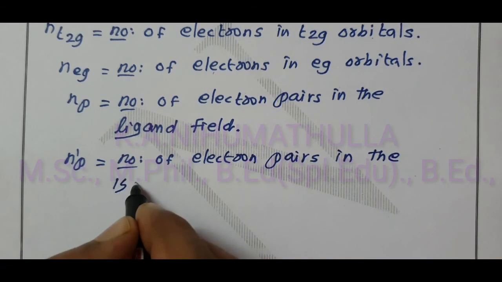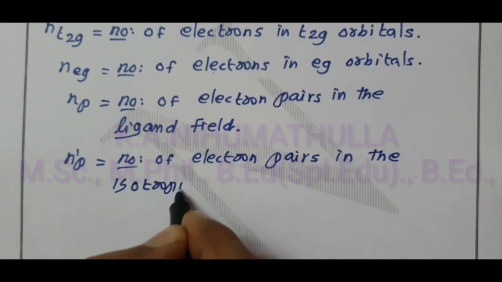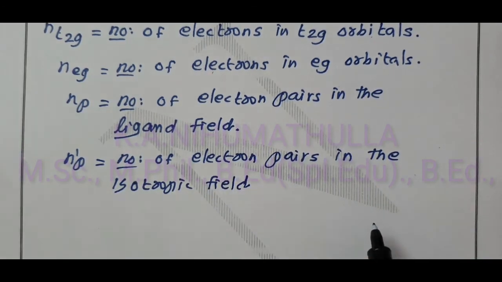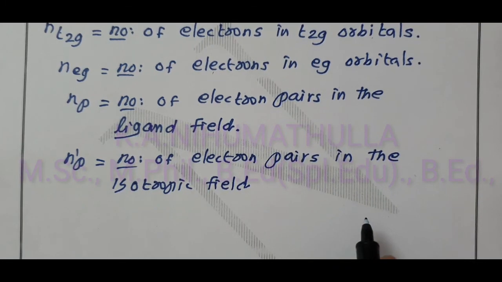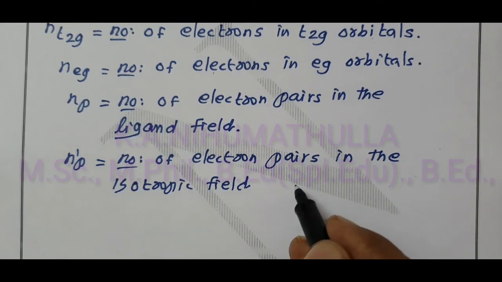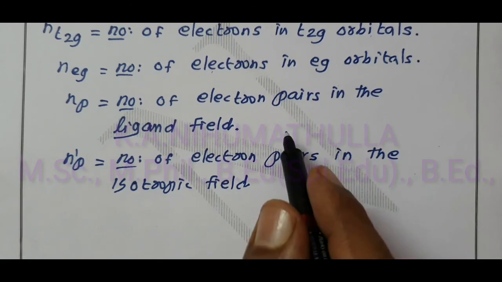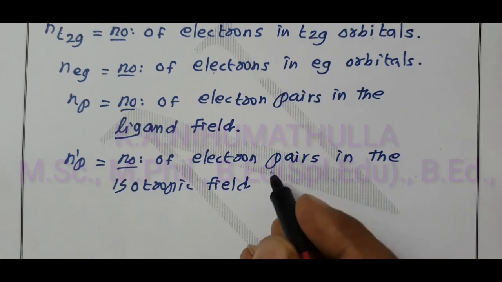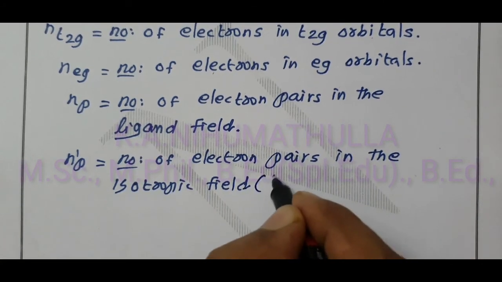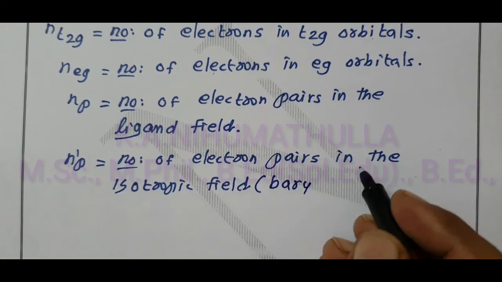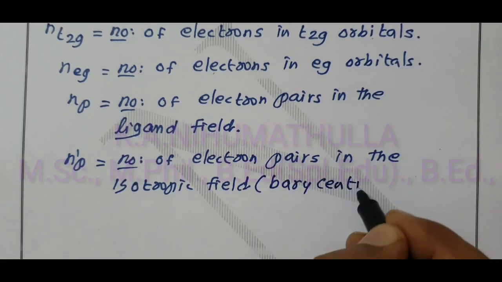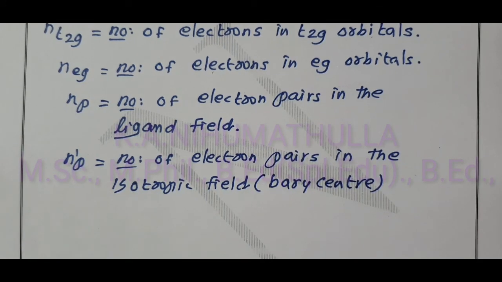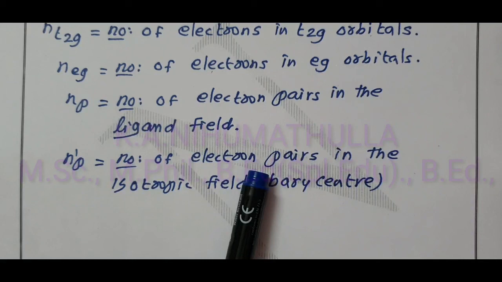The isotropic field is nothing but the isolated gaseous metal atom field, where the electrons are filled in the d orbital. T2g and Eg means ligand field. D orbital electrons filled means isotropic field. The isotropic field is also called the barycenter.